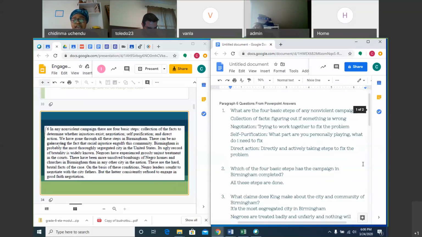Now, before we can even act, you need to ask yourself, what are the things that I need to change? Am I part of the problem or the solution? I need to change these attitudes about myself so that we can actually go out together and take these steps to fix the problem. That's the self-purification there, right?